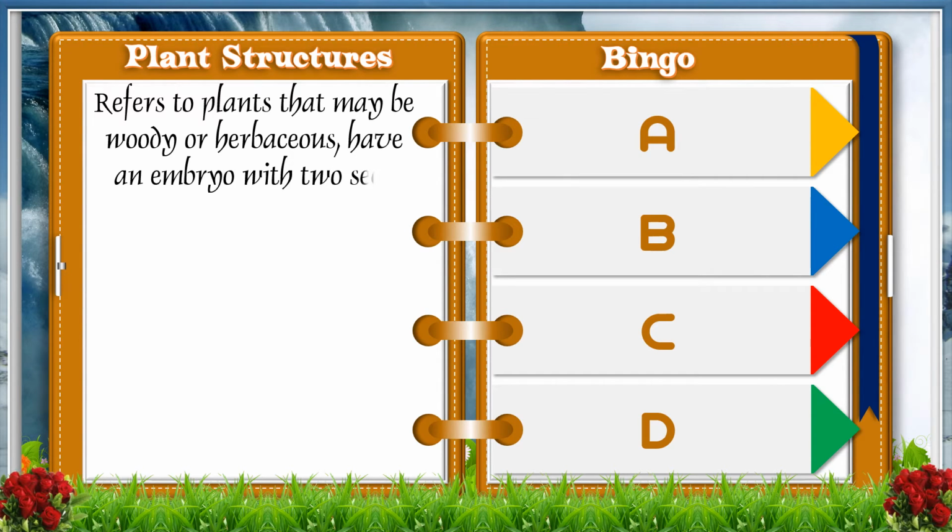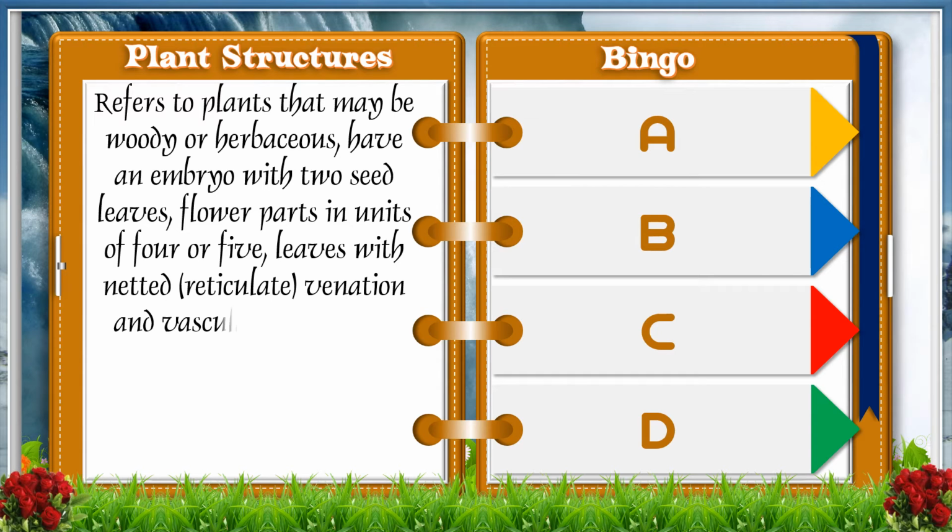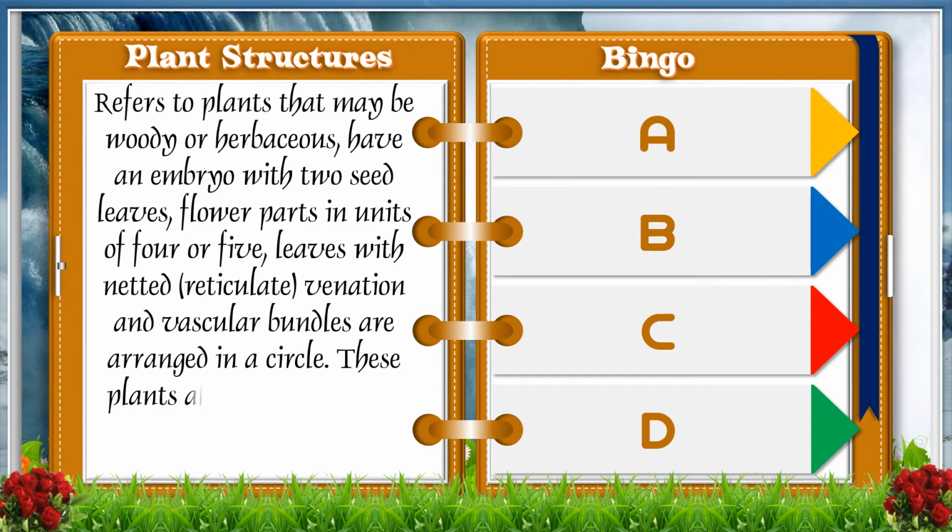Refers to plants that may be woody or herbaceous, have an embryo with 2 seed leaves, flower parts in units of 4 or 5, leaves with netted or reticulate venation, and vascular bundles arranged in a circle.